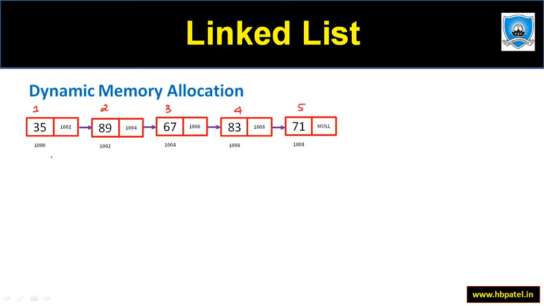So these are all the addresses, and I have 5 different nodes. The address of the second node, which is 1002, I have put over here. The address of the third node, I have put in the second node. The address of the fourth node, I have put in the third node. The address of the fifth, I have put in the fourth node. And because the fifth node is the last one, I'll be putting null in the address.